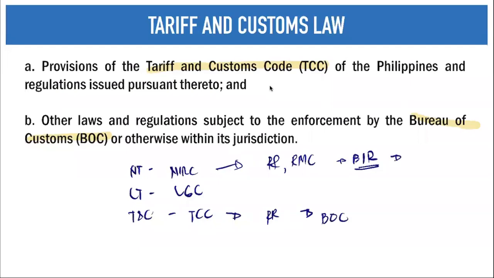The BIR is headed by the Commissioner of Internal Revenue. The BOC is headed by the Collector of Customs. I don't know why it is Collector and not Commissioner of Customs, but that is the title of the head of the BOC.